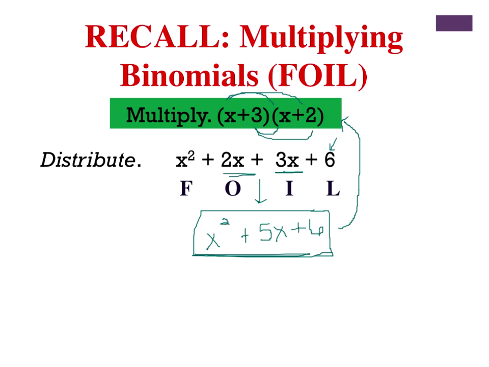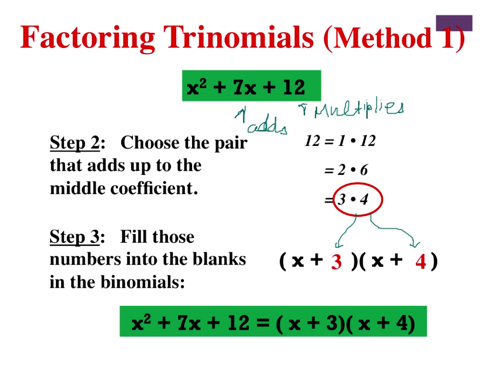Let's go back. When we were multiplying, we were looking at x plus 3 times x plus 2. We started with the idea that x times x gives me x squared. Then we found our positive 3 and our positive 2. We recognized that those two would add to our middle term and multiply to our last term.